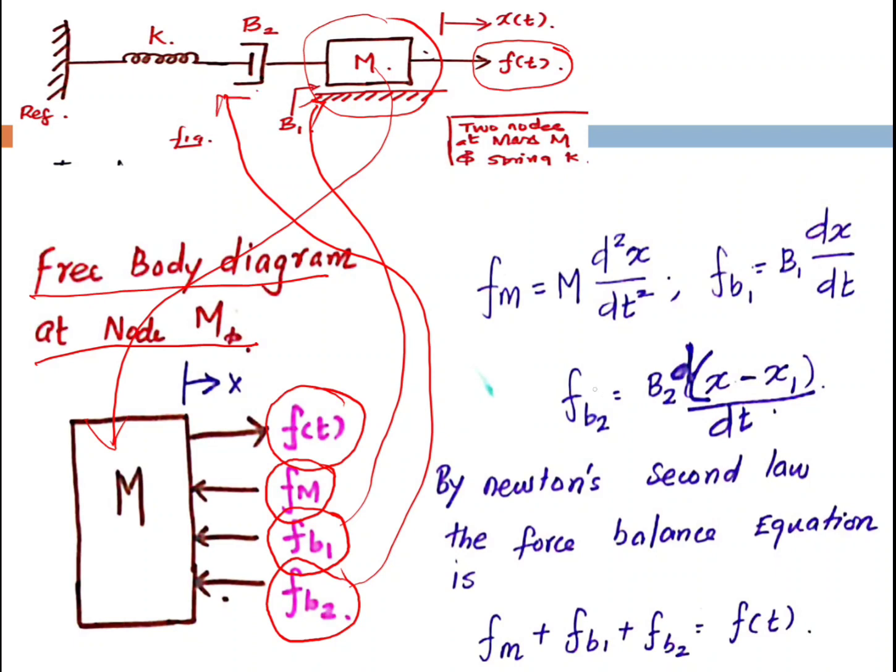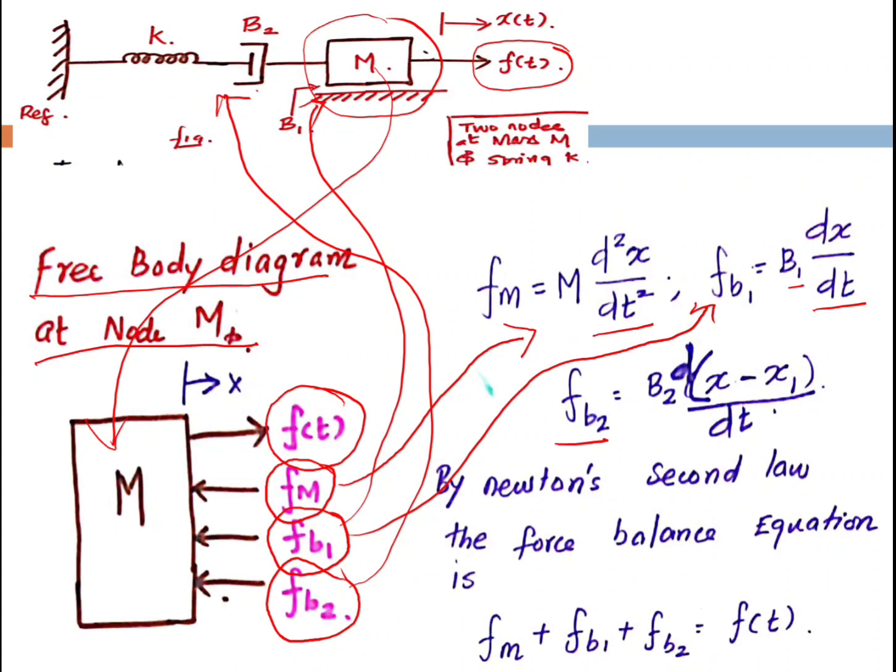Okay, now we need to write the equations related to the opposing forces. Fm is equal to m into d squared x by dt squared. Fb1 is equal to b1 into dx by dt, and Fb2 is the force acting on the dashpot.